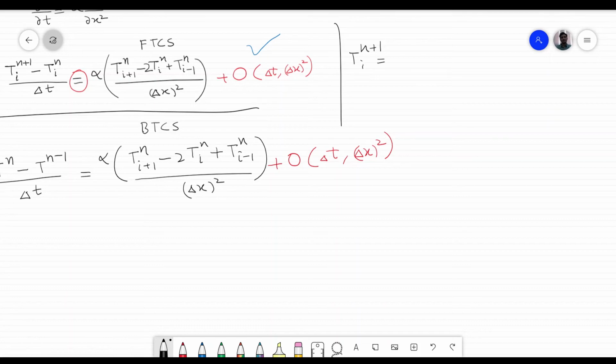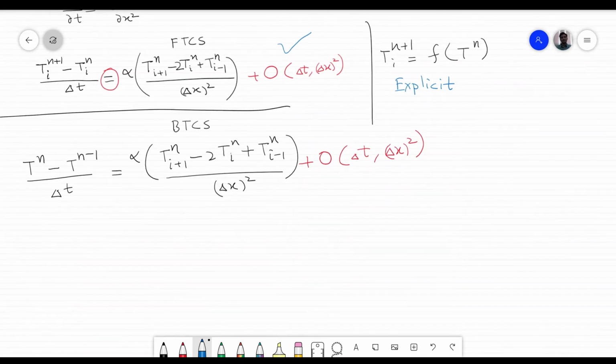So you get this as a function of temperature at the nth time step. Okay, so you directly get the formula for temperature at the next time step in terms of temperature at the previous time step or the current time step. So this is also known as explicit method or explicit scheme of writing the finite difference formula. So this is an explicit difference equation.